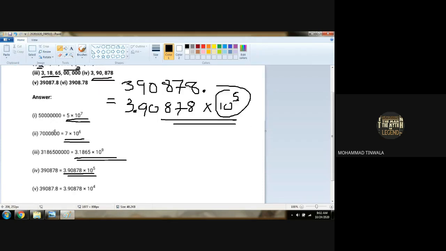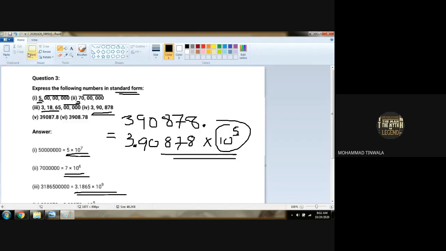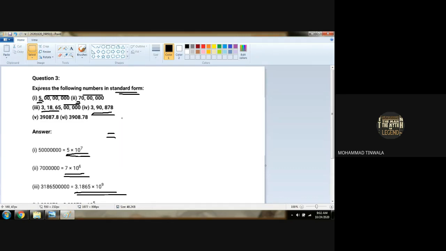Now, this is interesting. Look here. હવે શું આપેલું છે ઈ જો. 39087.8 is given here. Understood?